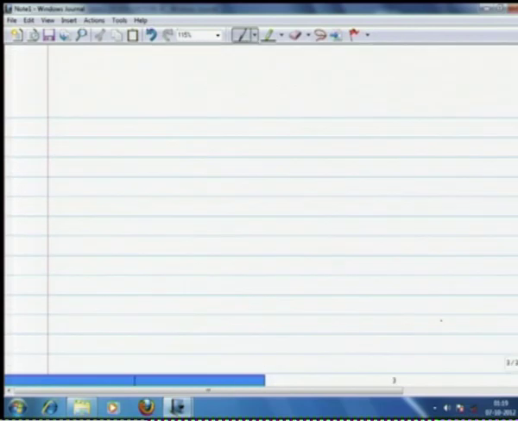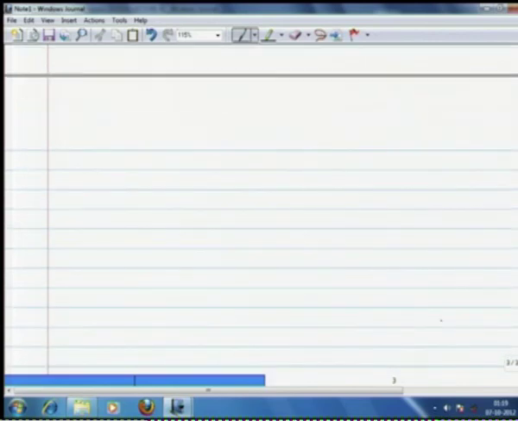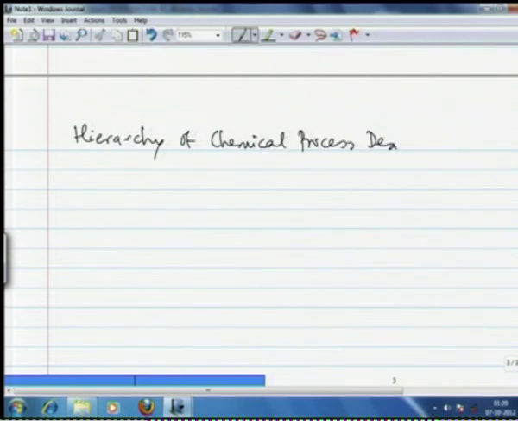Now, how does a chemical process design start, okay, or the hierarchy of chemical process design? I just mentioned to you that designing a chemical process is like drawing a painting, that you first map the canvas with certain areas where you will draw certain parts of your painting and then keep on filling these with greater and greater detail.